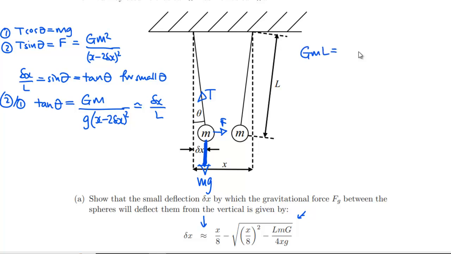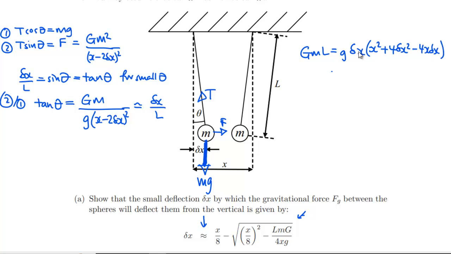GmL equals g delta x, and then, well, we square out that bracket. So x squared plus 4 delta x squared, then minus 4x delta x.